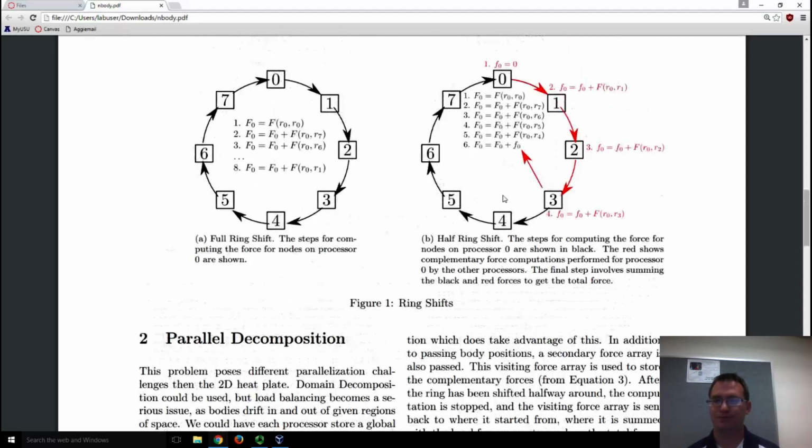So we're basically just going for the net force on each body. Exactly. We don't care how we get it, so we just say, hey, I'll compute half of them. Here's the rest. You guys compute it for me and give it to me later. Exactly. I'm going to compute the left half of the circle, and then everyone else is going to compute the right half of the circle for me. And we can't go to 4 because then we'd get duplicate calculations. So that's something to watch out for as well.